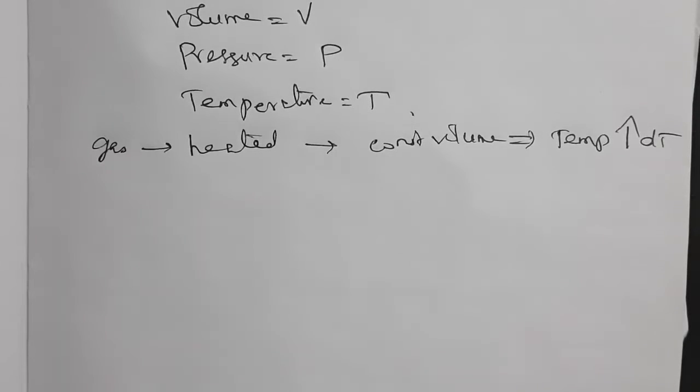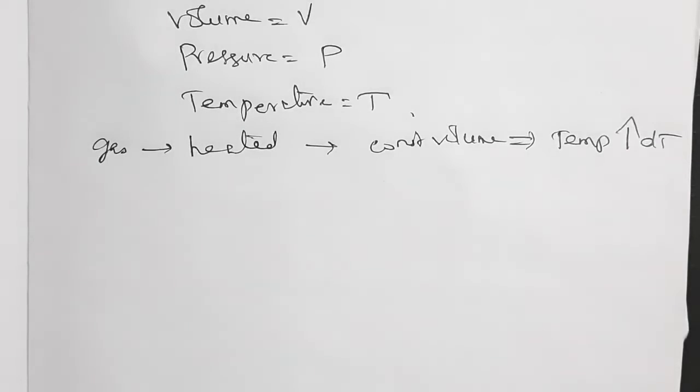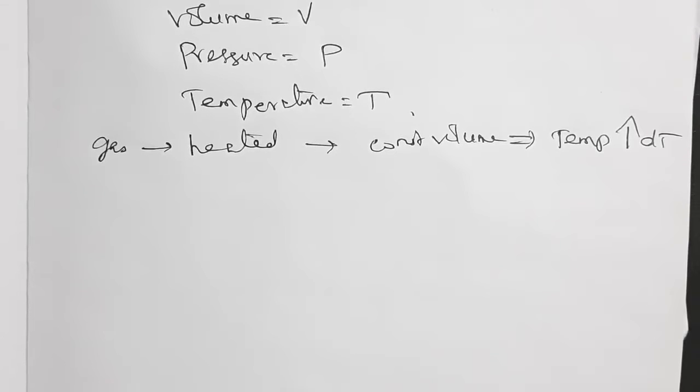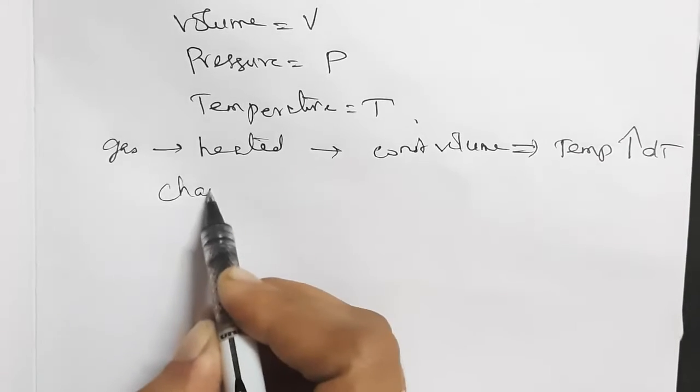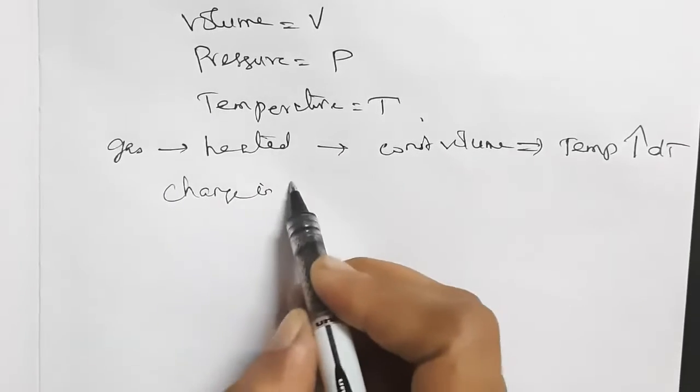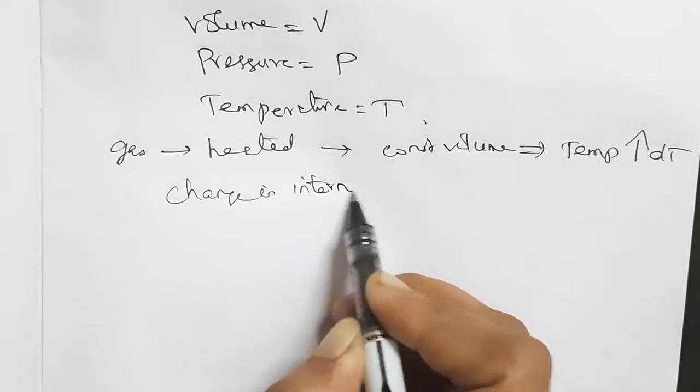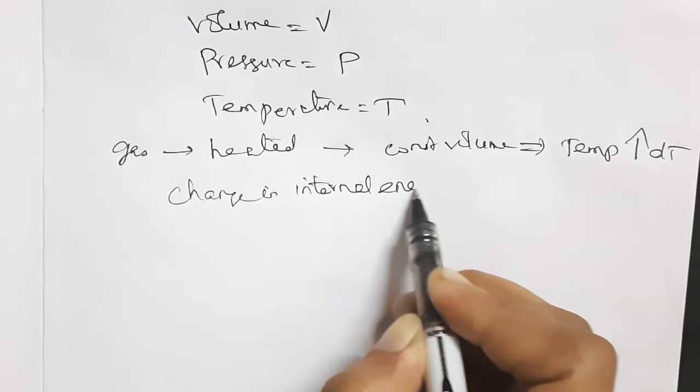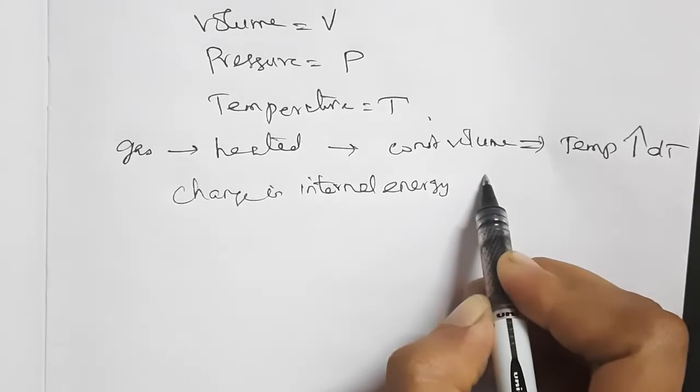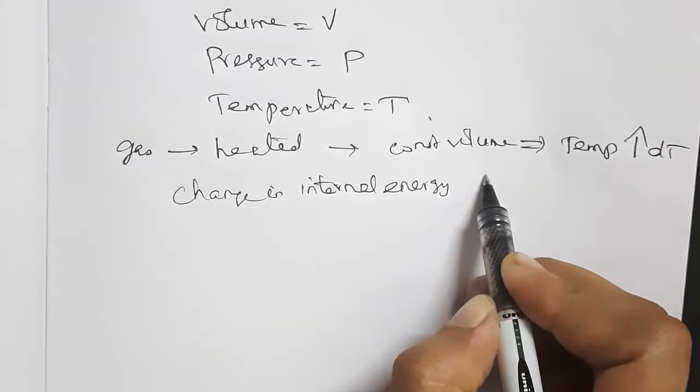Isn't it? If the temperature increases, the internal energy may change. Actually, here no work is done by the gas. So the heat that flows into the system will be increasing the internal energy. So let the change in internal energy be taken as dU.